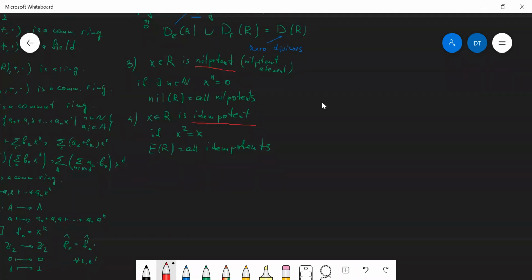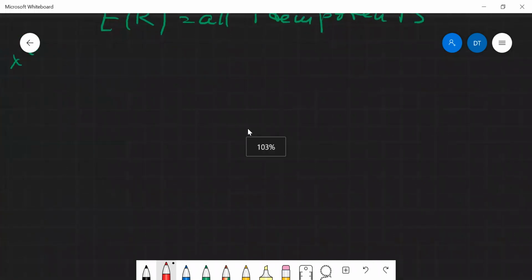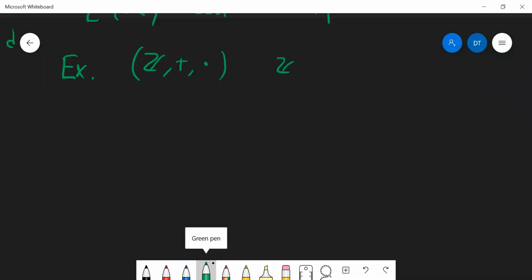Just in case, let me give you several examples. If we take the ring Z with the usual addition and the usual multiplication, then the set of invertible integers is just the set of plus minus 1.